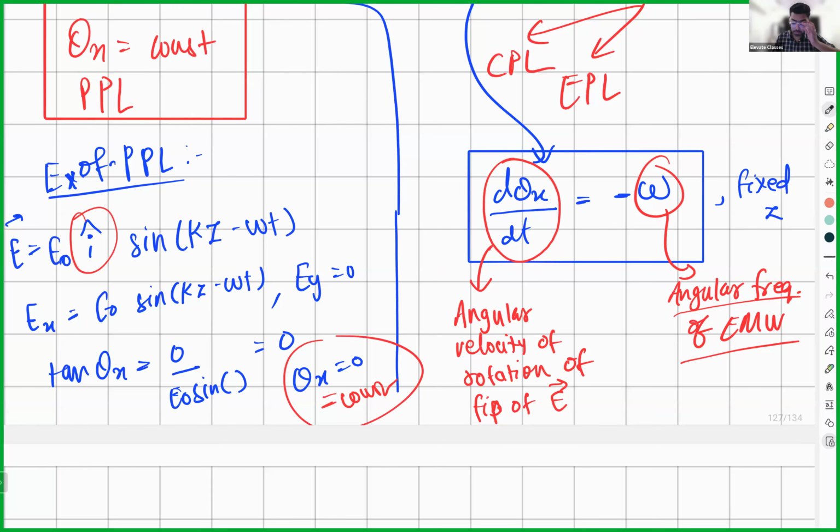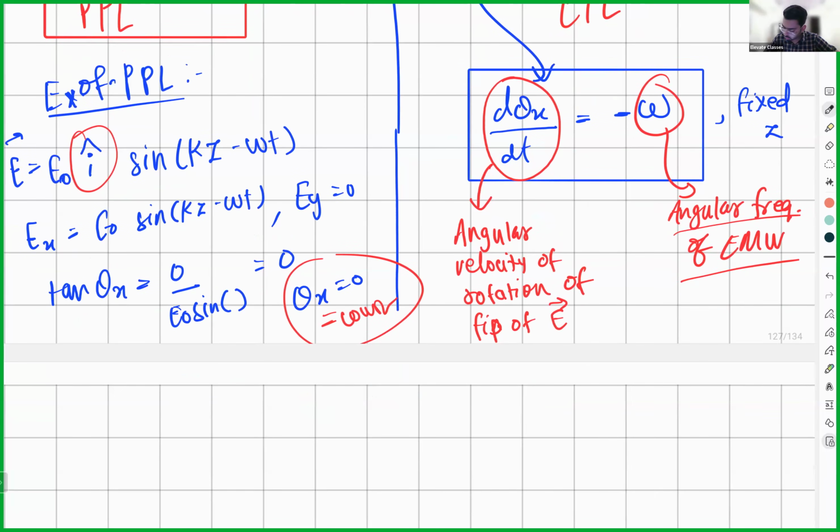Now come back to the example that we took. So let us borrow this one.